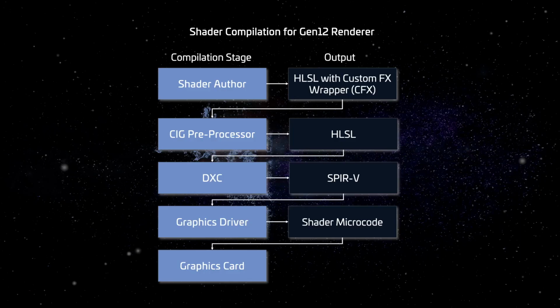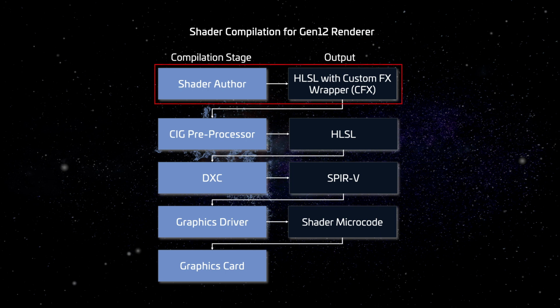DXC also gives us Shader Model 6. Shader models have progressed over time in HLSL, with Shader Model 6 now giving language support for GPU parallelism, as well as variable rate shading, amongst many other features. We can see here now a diagram of how our shader compilation happens.